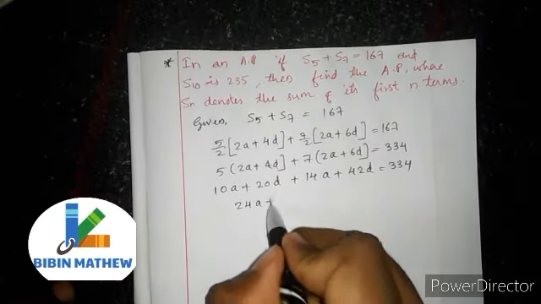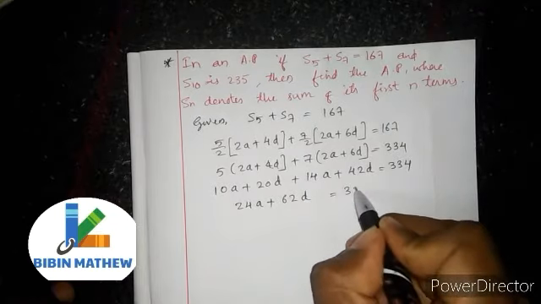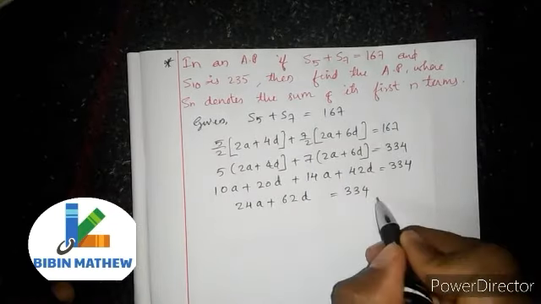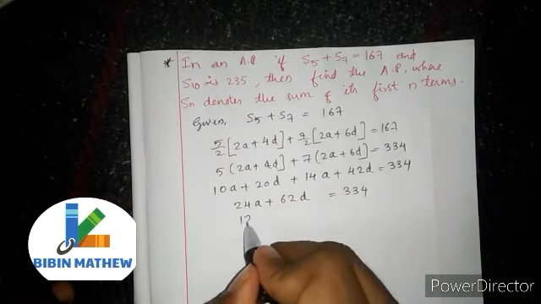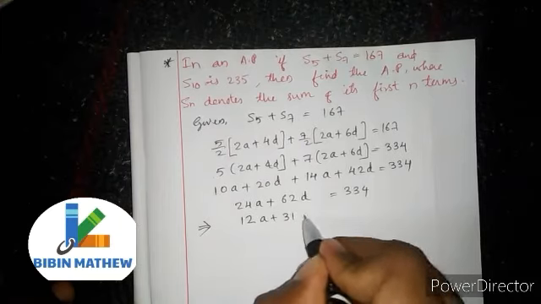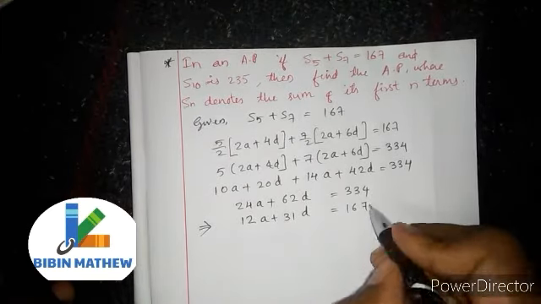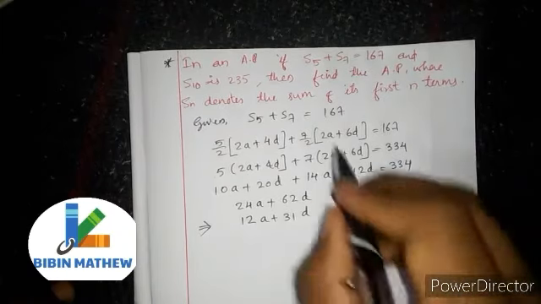Add the like terms. 24a plus 62d is equal to 334. All of the numbers are even numbers, so divide the whole thing by 2, that is, take half, and write: 12a plus 31d is equal to 167.